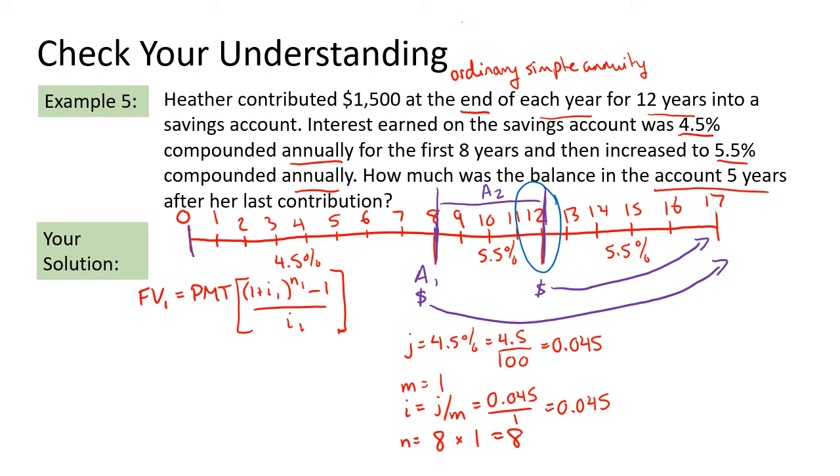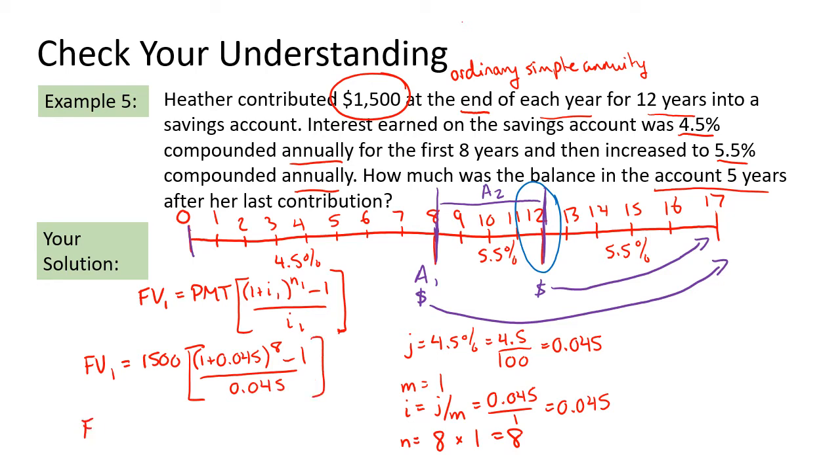So I'm going to substitute those values into this equation. Future value 1 is equal to your payment, $1,500, provided in the question, times 1 plus 0.045, to the exponent 8, minus 1, divided by 0.045.